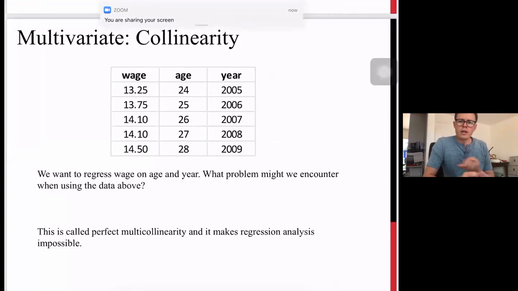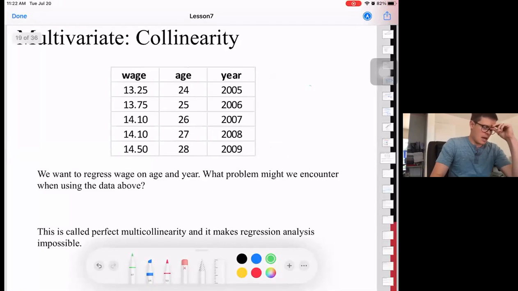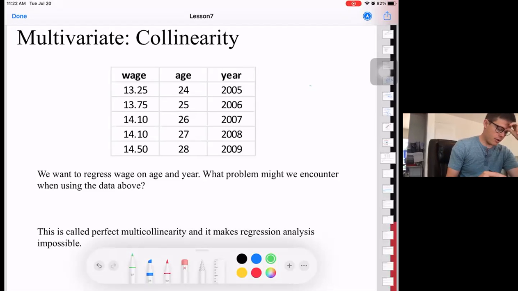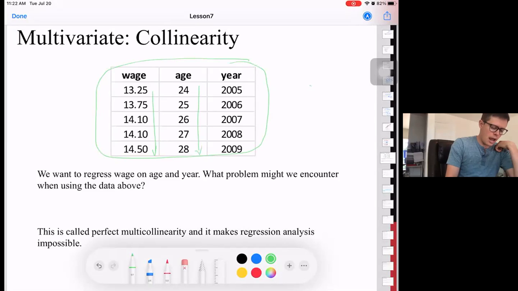Okay, so one tricky thing about regressions is that we can only have variables that aren't totally correlated with one another on the right-hand side. So here, imagine that we have this fellow or this lady, and we have his or her wages over time every year, and we want to see how that's related both to his or her age and what year it is.